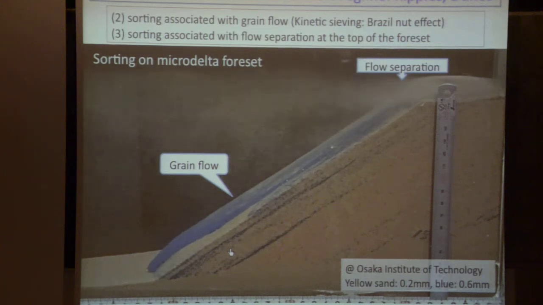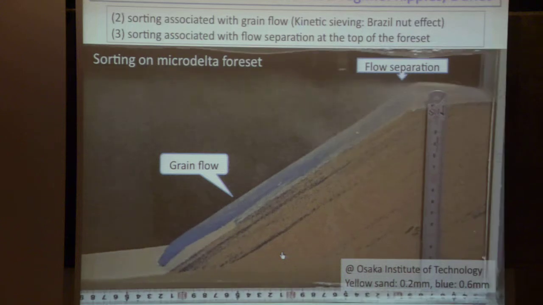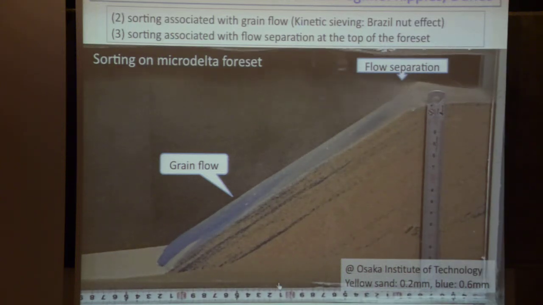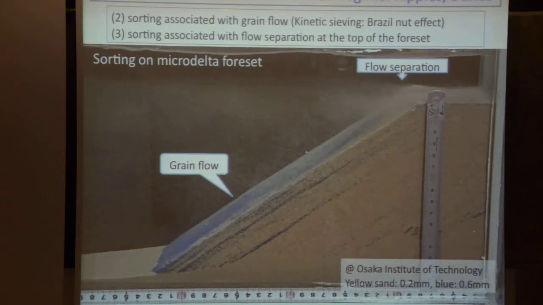This keeps going. Right. So you can see the avalanches occur on the foreset, causing grain flows that cause sorting, as in the former presentation.